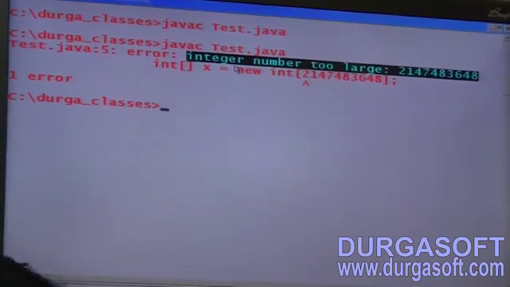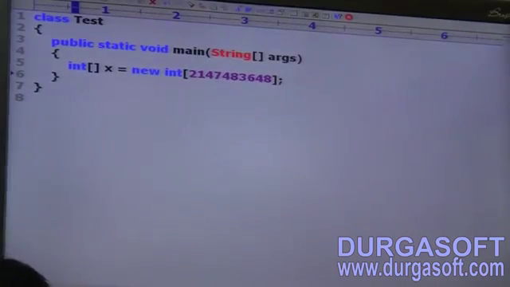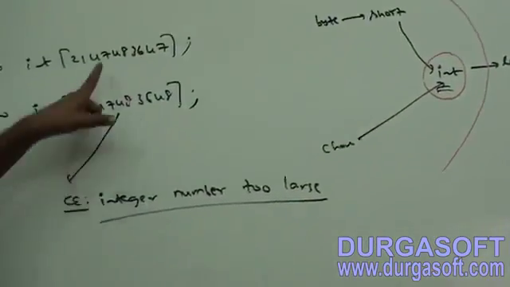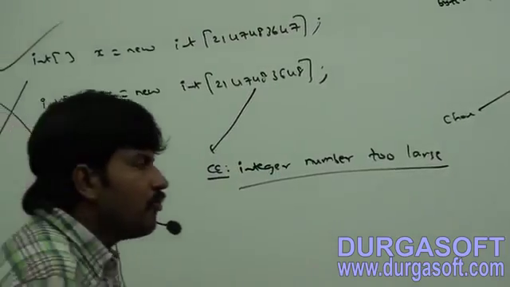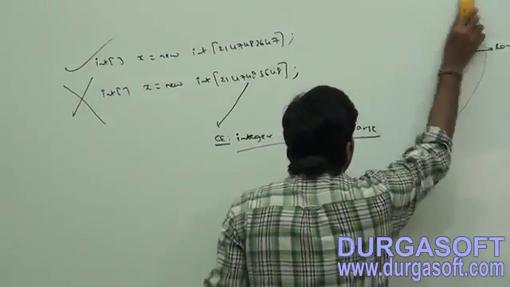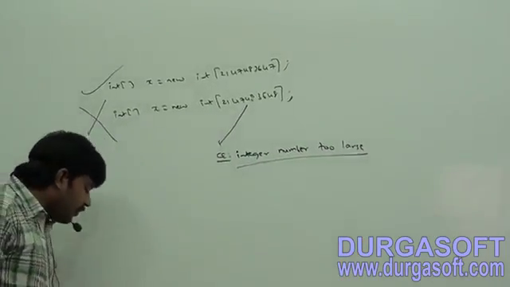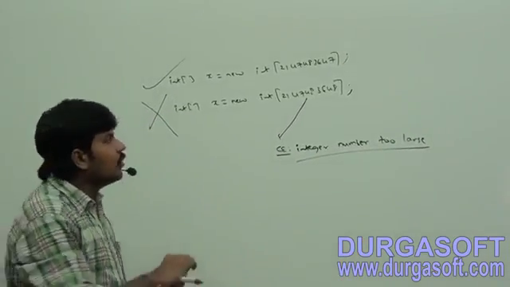Like a compile time error we are getting. I hope it is clear for all of you, right? Now I have another small clarification. Just observe: the first one is valid, but maybe there is a chance of a problem even in the first case. It doesn't mean you will compulsorily get it. What is the problem?